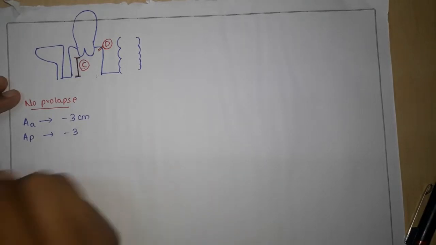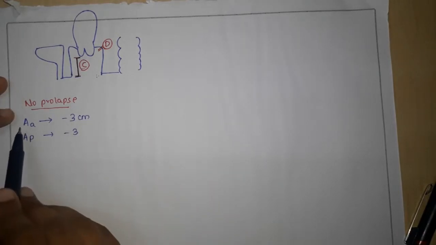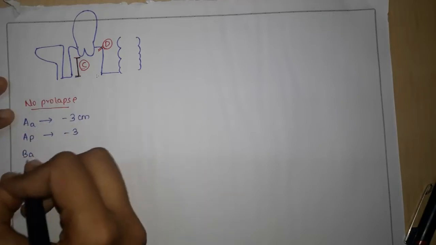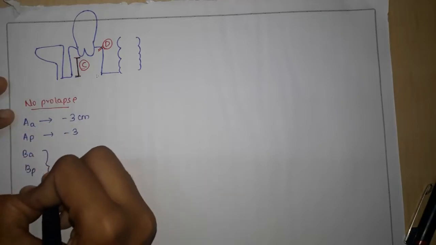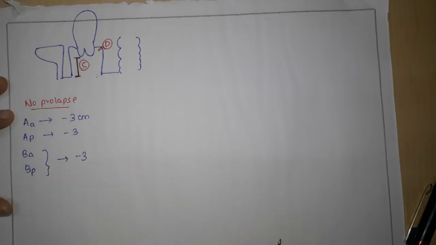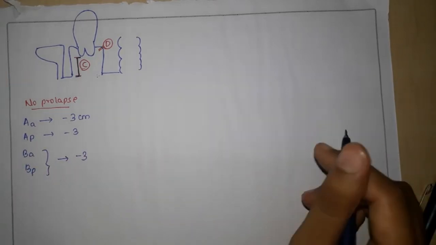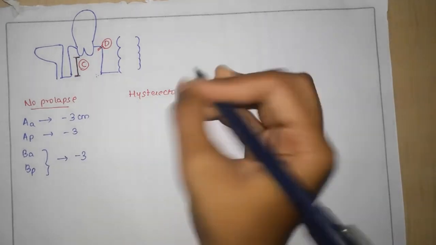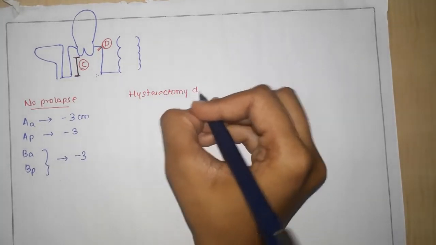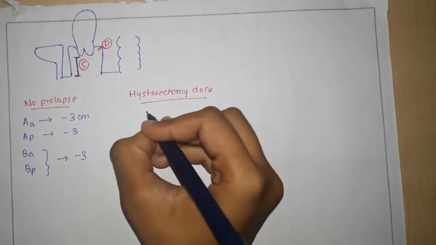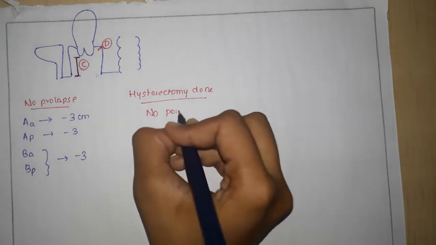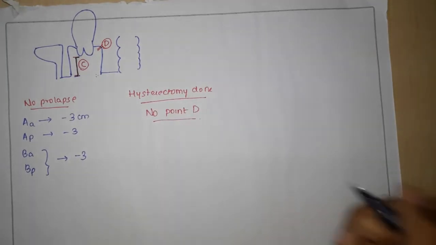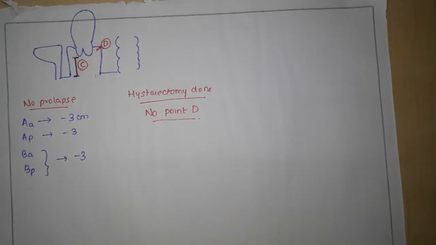Similarly, because the points B are coinciding with points A, your BA and BP will also be at a -3 level. Okay? And in a hysterectomized patient, there is no point D. All other points will be there. So you should remember these points.